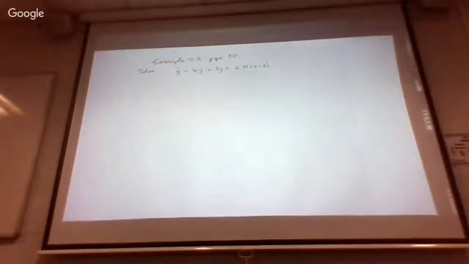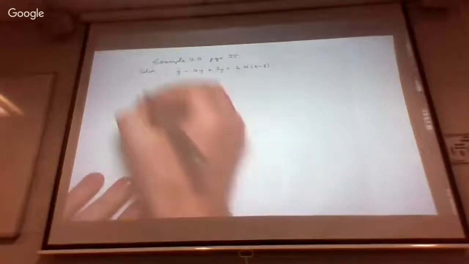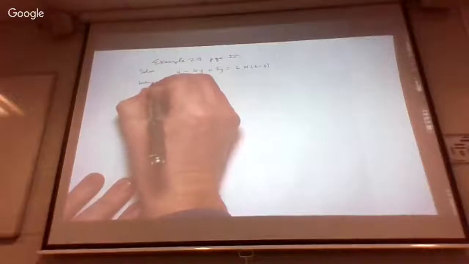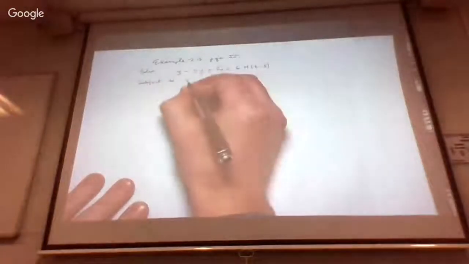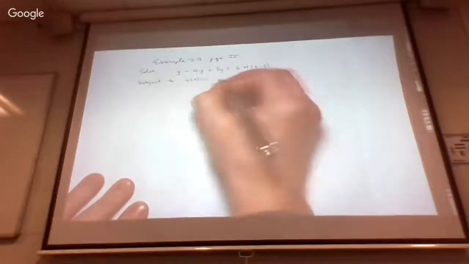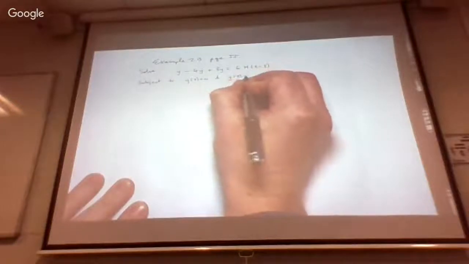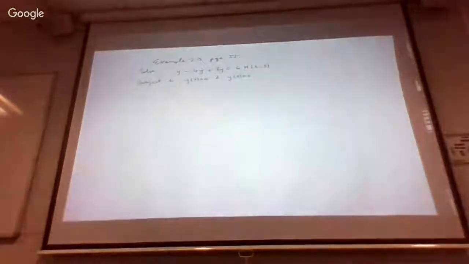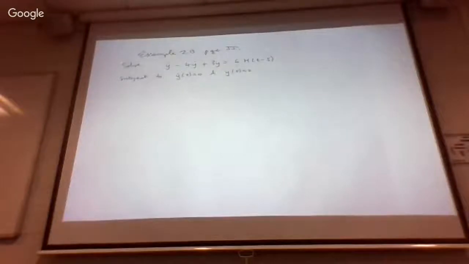This differential equation is subject to 2 initial conditions, both y and its first derivative equal to 0 at time 0. Not the second derivative.